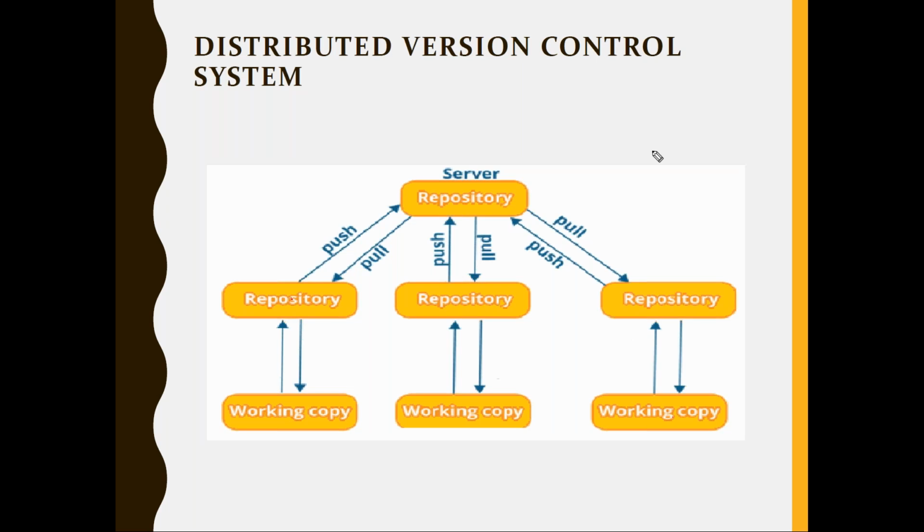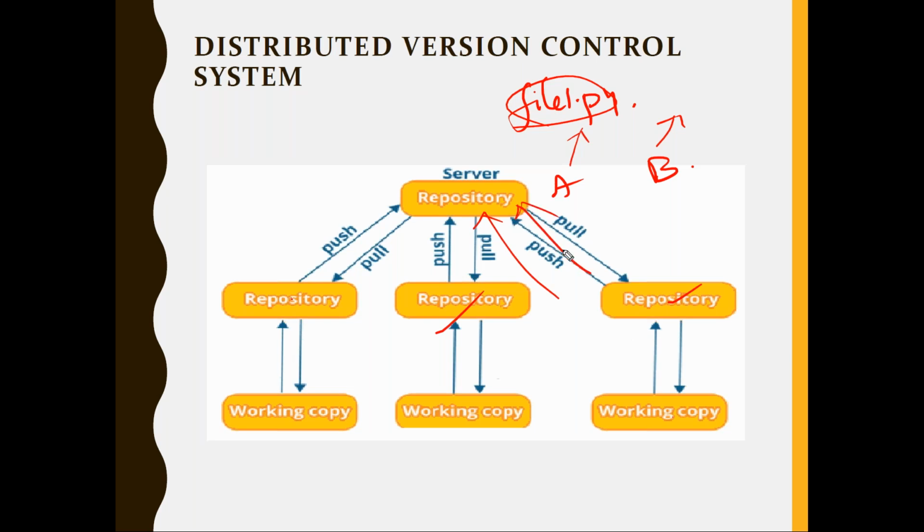It will inform us. I'll just give you an overview. Suppose there is a file 1.py. Developer A and developer B both made changes in their local computer, in their local repository. Now they are trying to push to remote. So it will inform both of them.